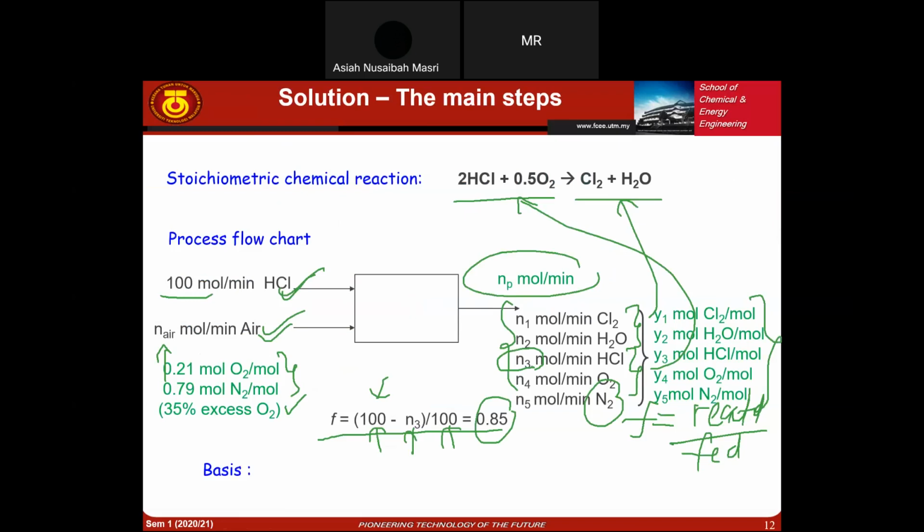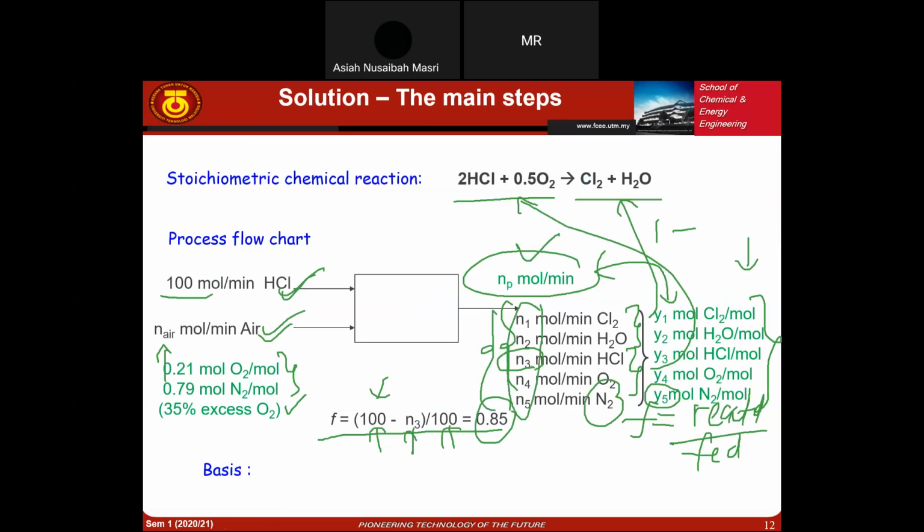So if we choose the fraction, then y5 can actually just be represented with 1 minus y1 minus y2 minus y3 and minus y4. So in total 1 plus 4 variables, so total 5. Or we can choose 5 variables here. So you can choose either approach. Either you want to represent as the molar flow rate of each compound, or you can represent by the molar flow rate of the mixture and also the fraction of each compound.